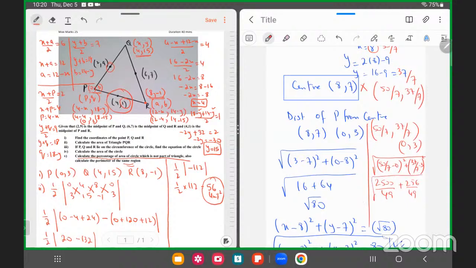The whole thing under root. So 7.5 is the.